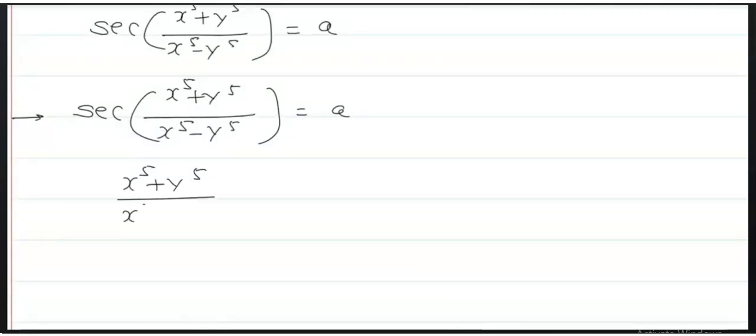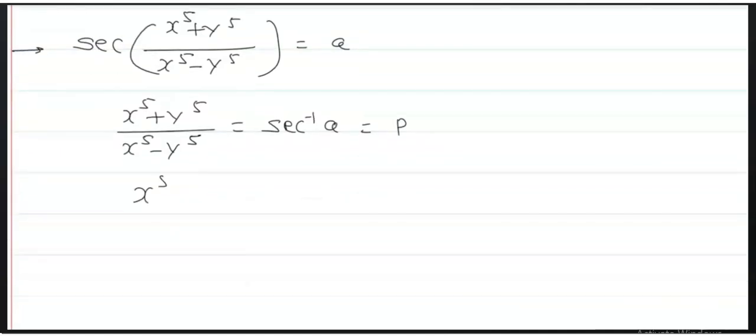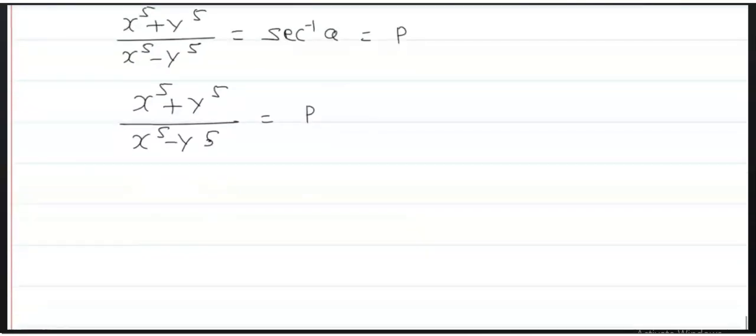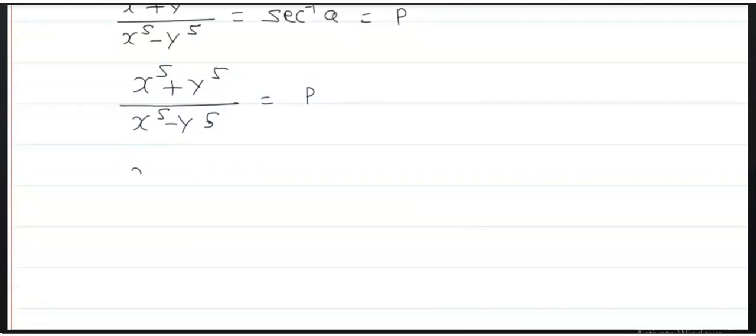I had not written a square. Whatever that a square, a, these are again the constant. That is sec inverse of a, that is equal to p. And we treat that constant as p.